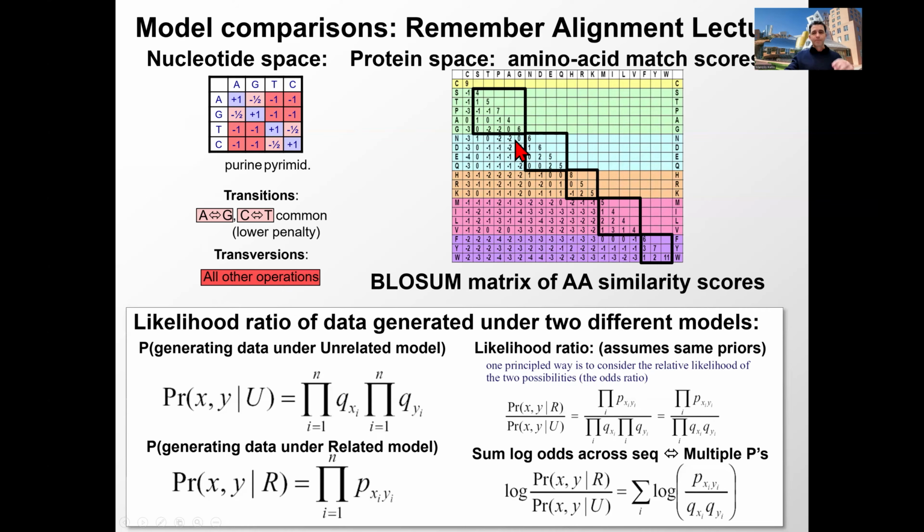So basically, the way that these matrices are computed is based on a log likelihood ratio. That log likelihood ratio is between two different hypotheses, a related hypothesis and an unrelated hypothesis. Under the related hypothesis, you're simply asking for true alignments of true orthologous regions, what is the frequency with which these two amino acids co-occur?